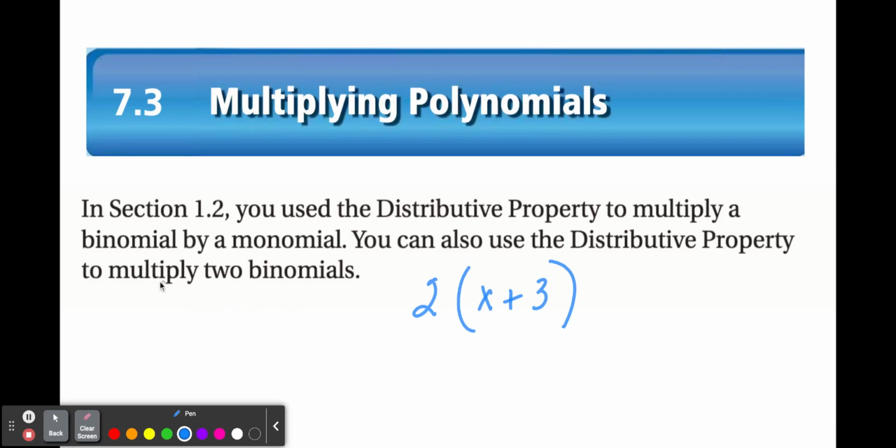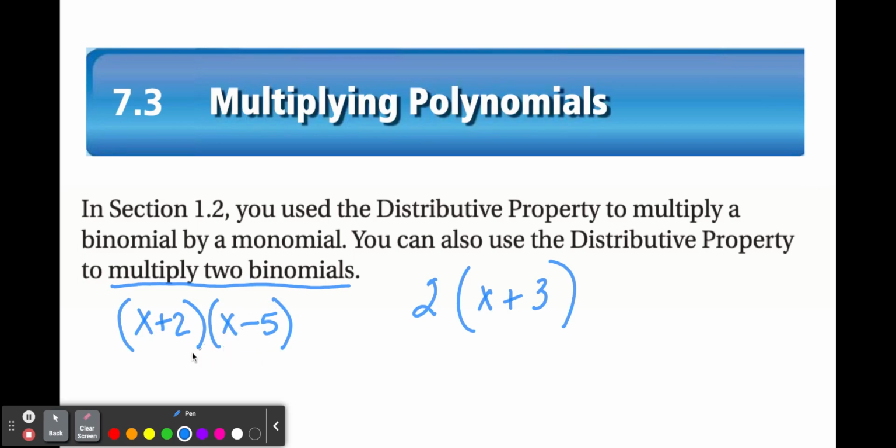So what we are going to do now is use that same concept, and we're going to now multiply 2 binomials. So in the next examples, we're going to discuss things that look like this, and every version of them, right? Any 2 binomials, and even different letters. They might not even be x's.